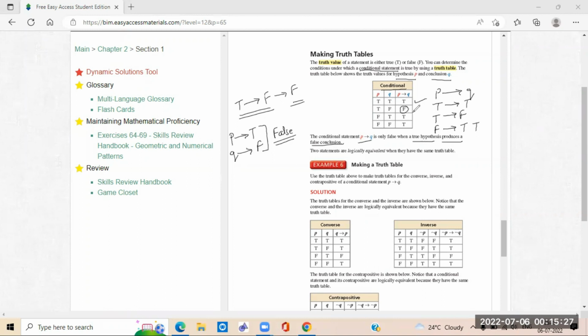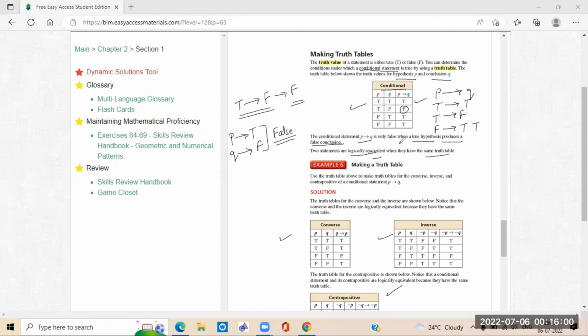So for the conditional statement, there is only one case where it is going to be false, that is true implies false. A true hypothesis implying a false conclusion is the only thing that is false; otherwise all are true. And we say that two statements are logically equivalent when they have the same truth table. Now we are going to see the truth tables for the conditional, the converse, the inverse, and the contrapositive.